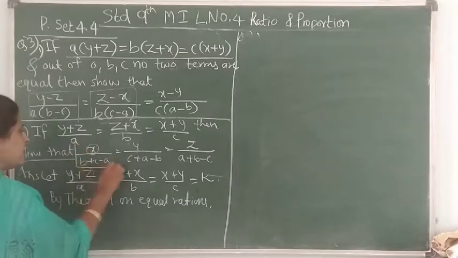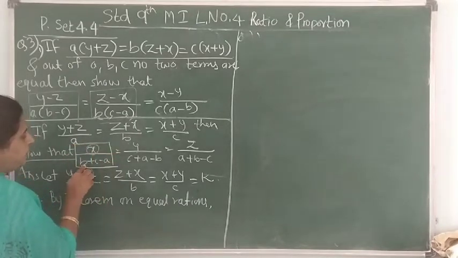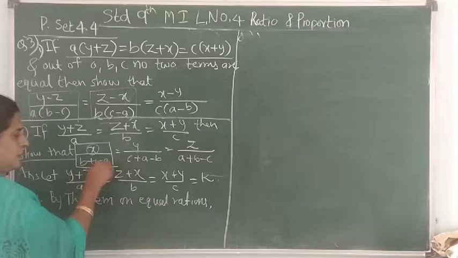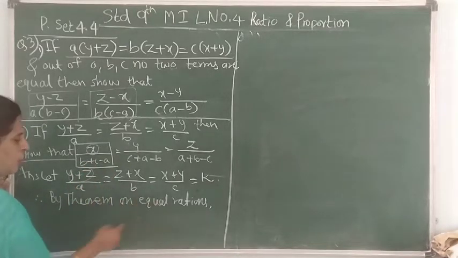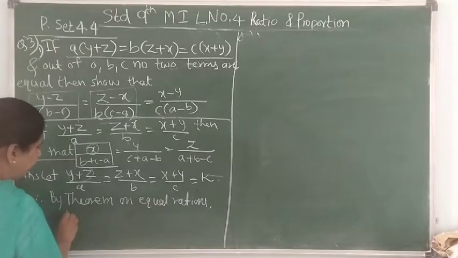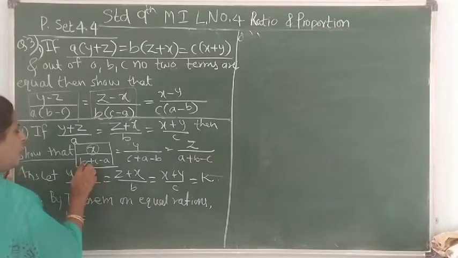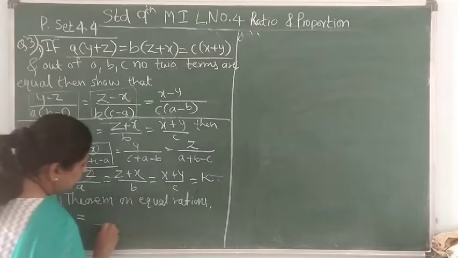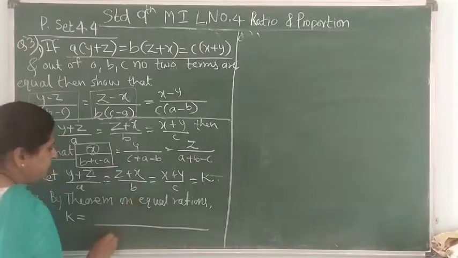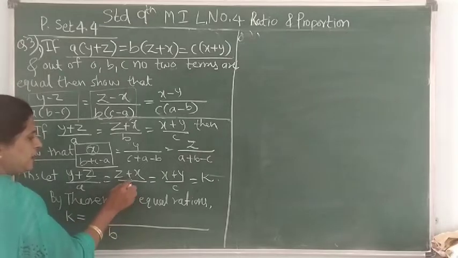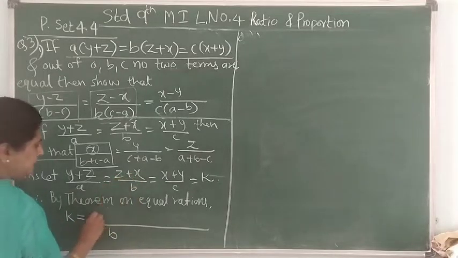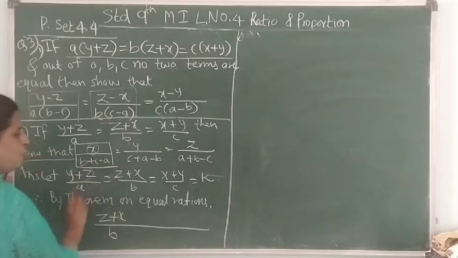For the first term, what you want here is b plus c minus a. Means by theorem on equal ratios, if I write k is equal to, how can I get b? So first write the denominator b. b is the middle term. If I am writing b in the denominator, I should write z plus x in the numerator.